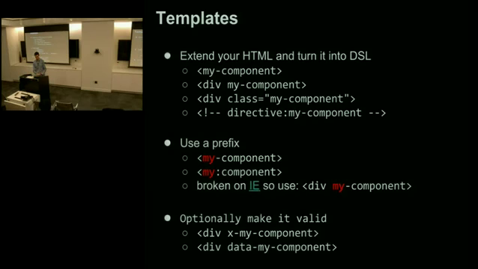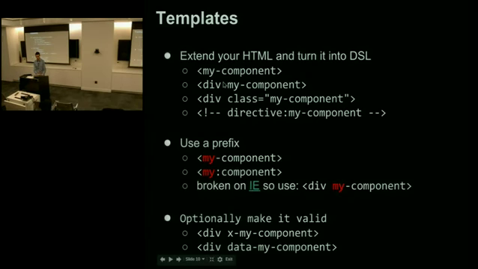The first is the element name or the tag name syntax, where you create a tag yourself that is the name of your directive. So this allows you to do things like create a tab element or a slider element when no such thing really exists in HTML, and it's really clean. However, there are some compatibility problems that I'll talk about in a minute.